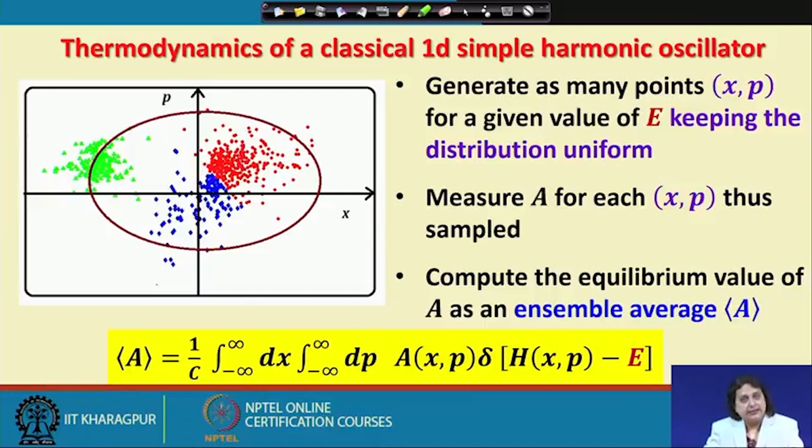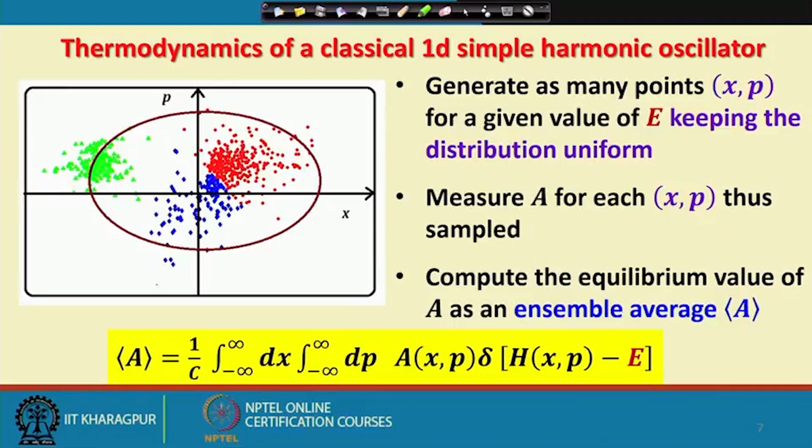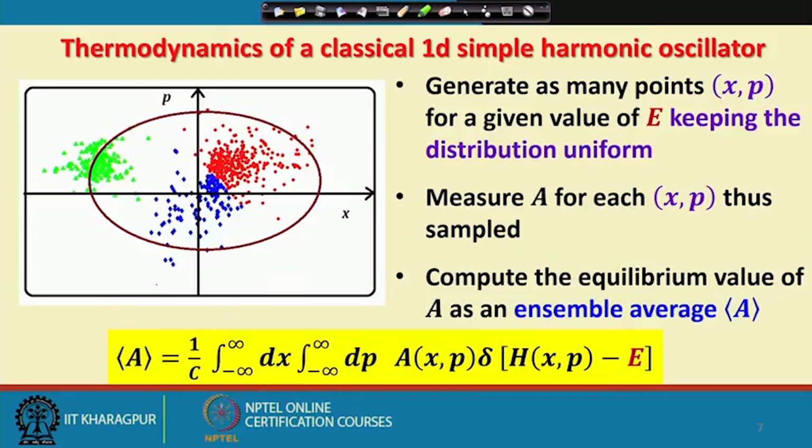So, what you have done is you have looked at all possible microstates in the ensemble, weighted each microstate with its average probability, which in this case is 1 by N if you have made capital N observations corresponding to the constant energy curve E. Then I will represent my average value of A with this bracket.